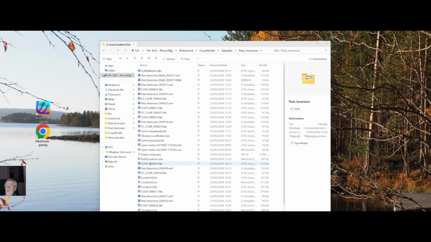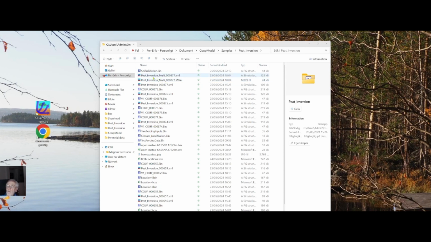First of all, we can say that when we are running a multi-run, then we get one additional file called mbin, multi-binary. This is a binary file that cannot be understood by anything else than a model.